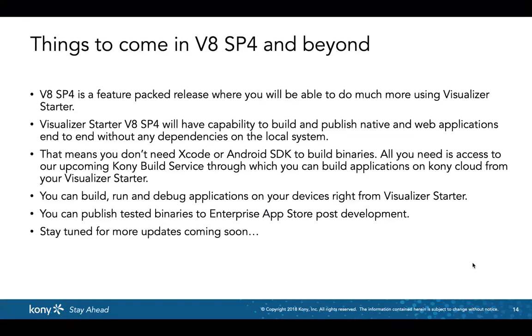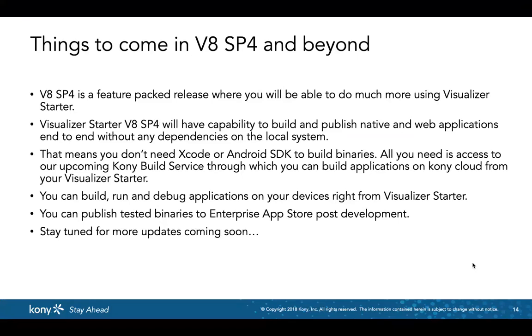Till V8 SP3, all you can do in Visualizer Starter is preview an application end-to-end using AppViewer. It does not have the capability to build binaries end-to-end, but from V8 SP4 onwards we are coming up with the capability to build and publish native and web applications end-to-end without any dependencies on the local system.